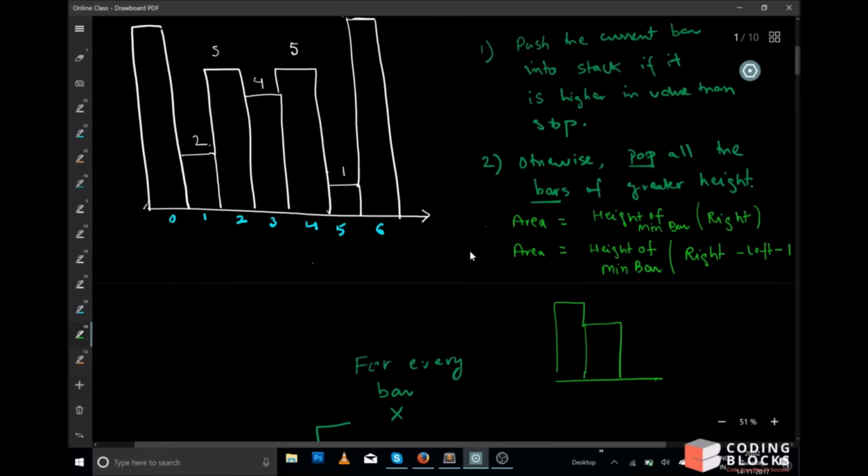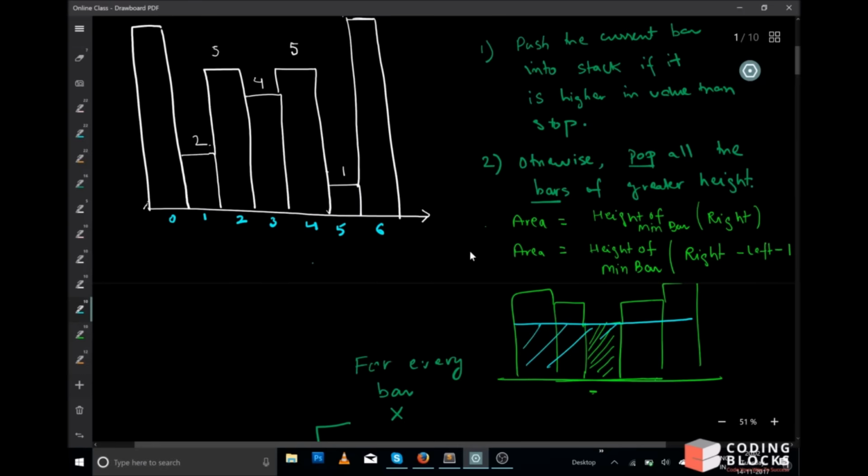And suppose this is the minimum bar, and you know the area, and suppose only this bar is in the stack, then the area is going to be the entire area, right?